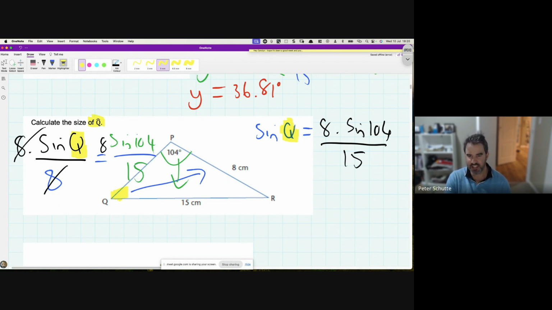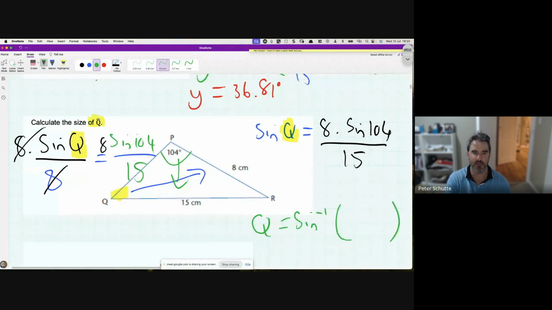In order to get Q by itself, we have to apply the inverse sine to the side, and then I'll get Q by itself. And I also need to apply inverse sine to the other side. But inside that bracket is going to be 8 sine 104 over 15.